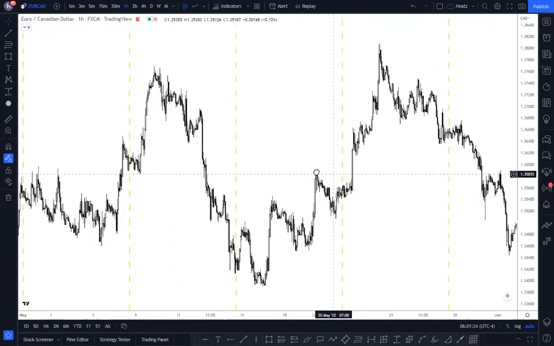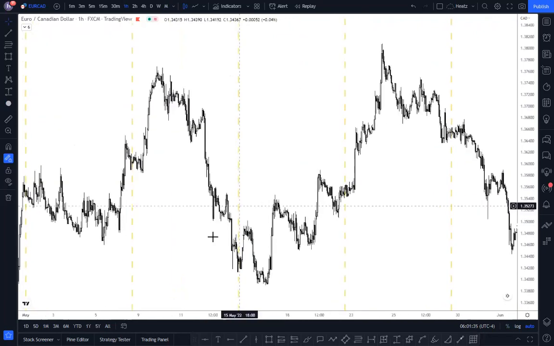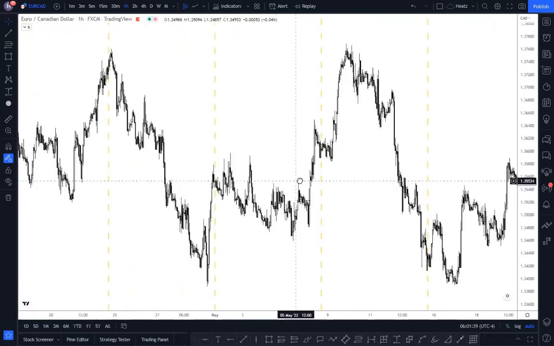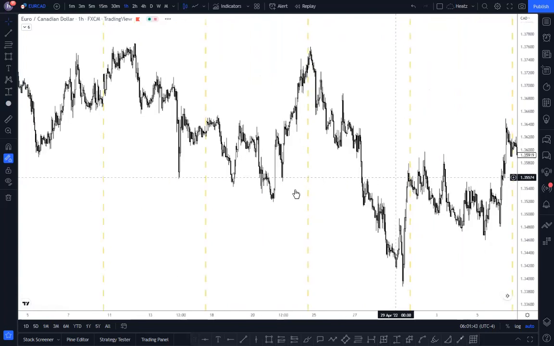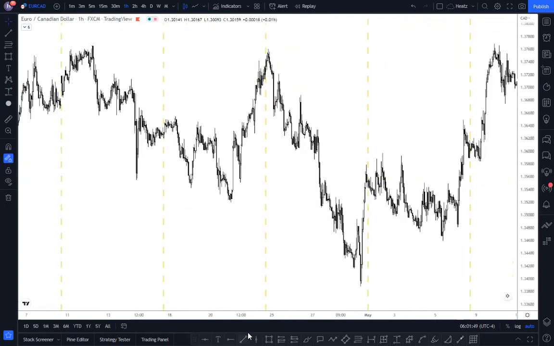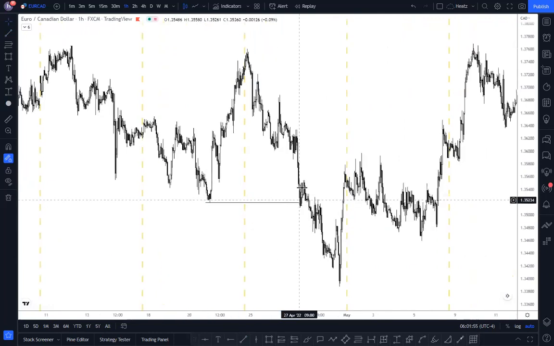So lovely. After price took out this low here, you could tell price gave us this little structure, and this is what we call range structure.